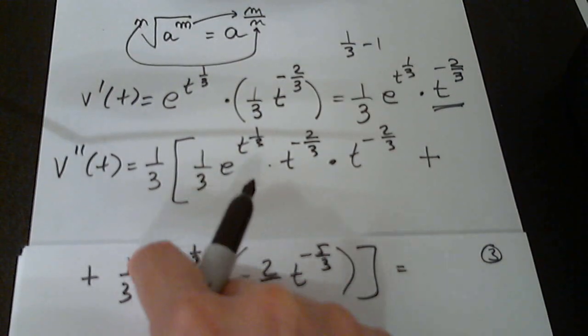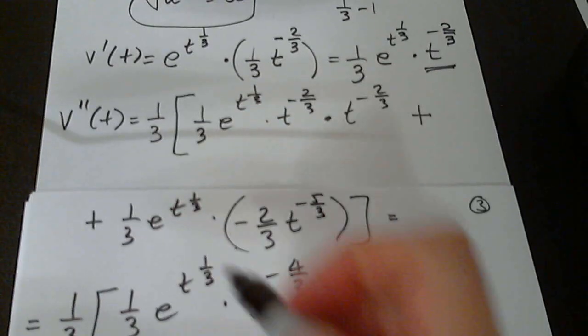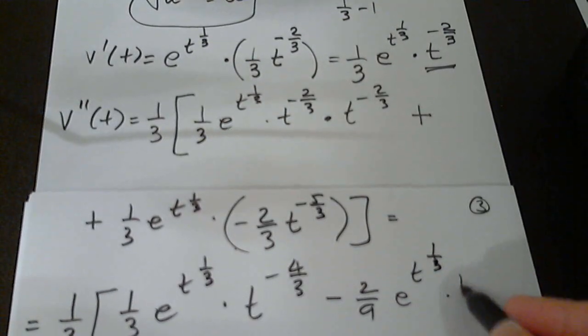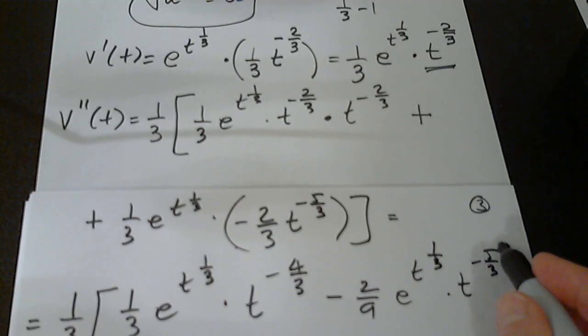Okay, now I have minus 2/9. 2/3 times 1/3, e to t to 1/3, and then times t to -5/3. I'm not going to factor anything. I'm just going to leave it alone. I could factor 1/3, I could factor this, and I could factor t to -5/3. Not important. That's fine.